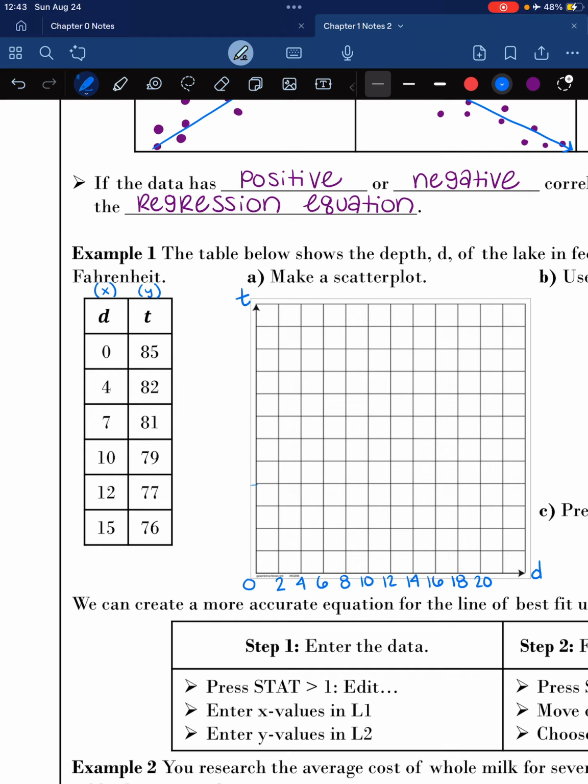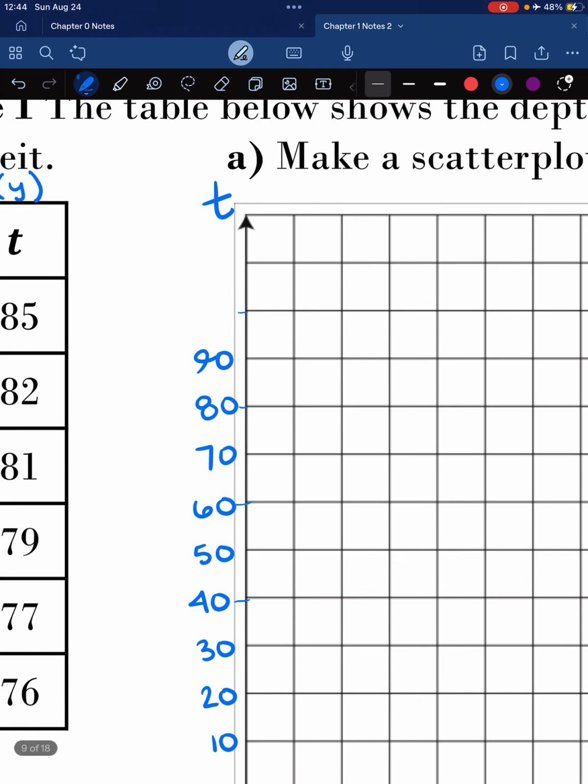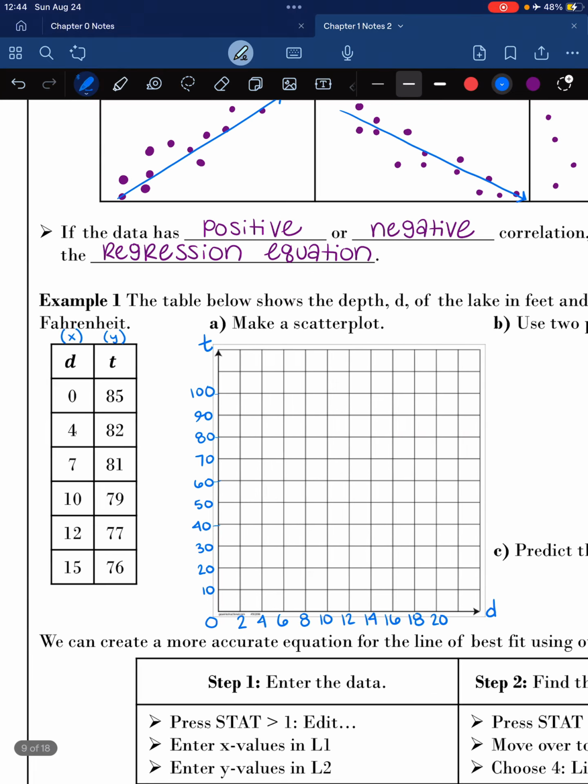So let's see if counting by 5s, 5, 10, 20, 30, 40, 50, 60. So counting by 5s isn't going to be enough, so maybe let's go ahead and count by 10s then. So we will go ahead and do 10, 20, 30, 40, 50, 60. Oh, that was silly. 70, 80, 90, 100.